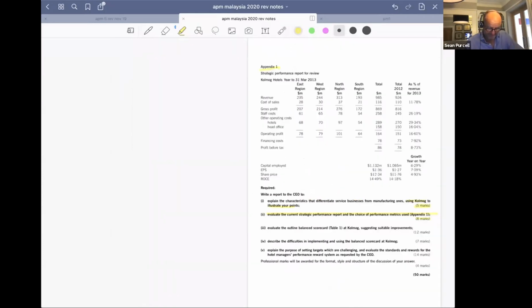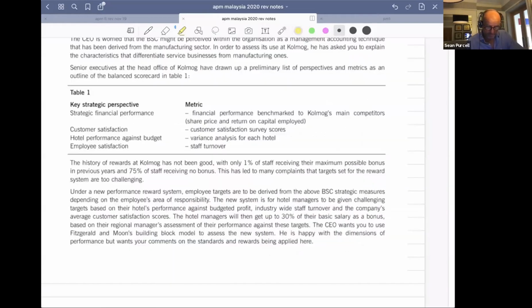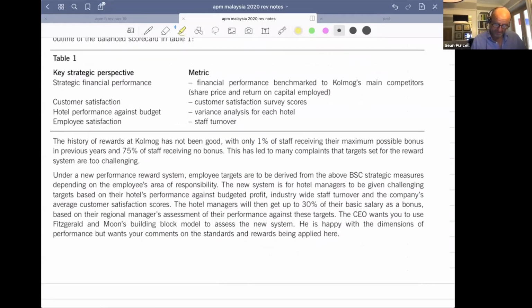Is there anything given here? So senior executives at Colmog have drawn up a list of perspectives and metrics and outlined the balanced scorecard in Table 1. Okay, so that's the balanced scorecard. The history of rewards has not been good, only 1% of staff receiving their maximum bonus and 75% receiving no bonus. So it can't be very motivational.